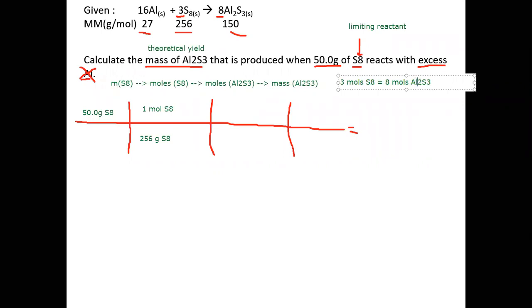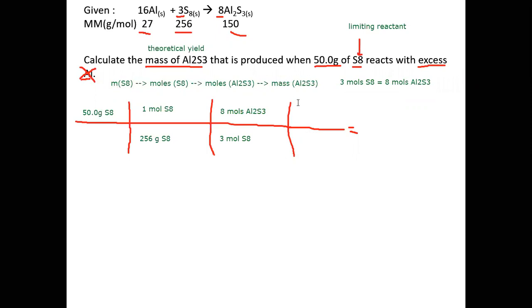Since we're starting with moles of sulfur in our train track here, on the bottom goes the sulfur, and on top, aluminum sulfide. So now we have moles of aluminum sulfide.